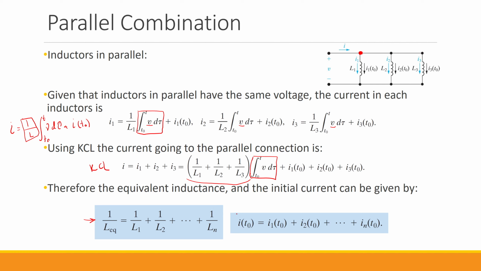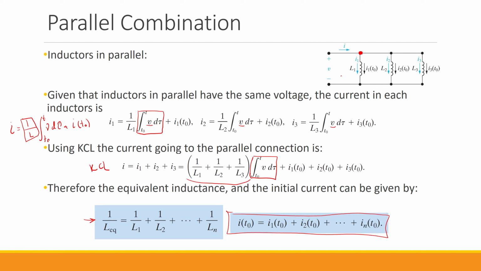But now, since inductors can store energy in the form of initial currents, we have this additional equation for the initial current of this combination, which is the summation of all the individual currents. These equations are directly derived from applying KCL on the top node of this circuit.